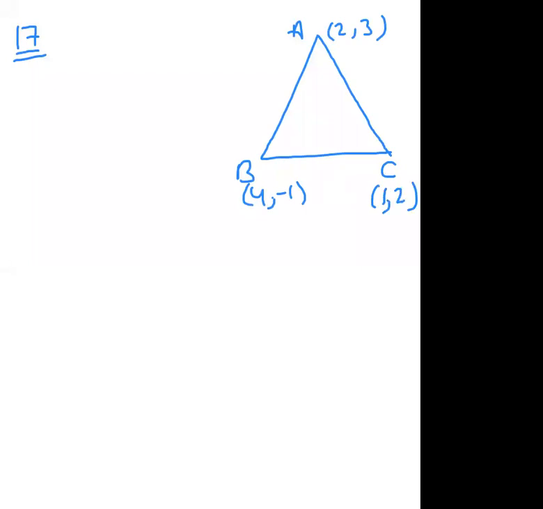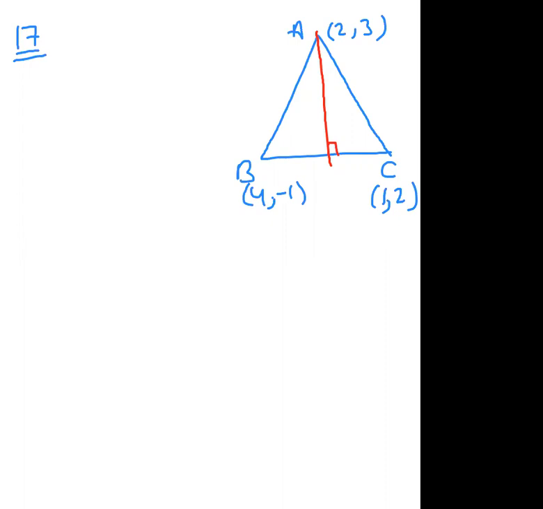Find the equation and length of the altitude from vertex A. From vertex A, we need to calculate the equation of this line and the length of the perpendicular of this line.